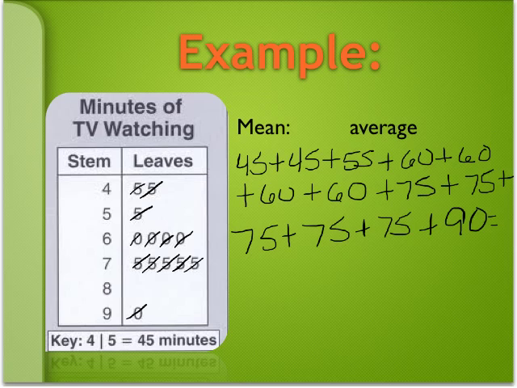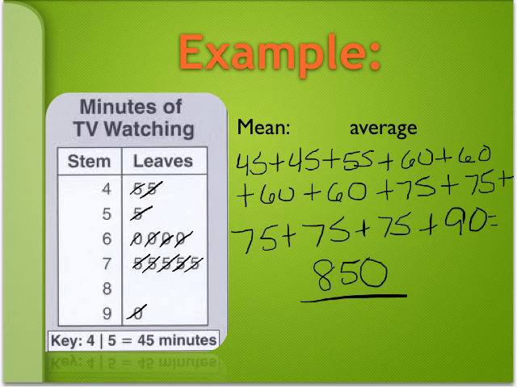So we're going to add all those up. So put those into your calculator. 45 plus 45 plus 55 plus 60 plus 60 plus 60 plus 60 plus 75 plus 75 plus 75 plus 75 plus 75 plus 90. When you add all those together, you get 850.